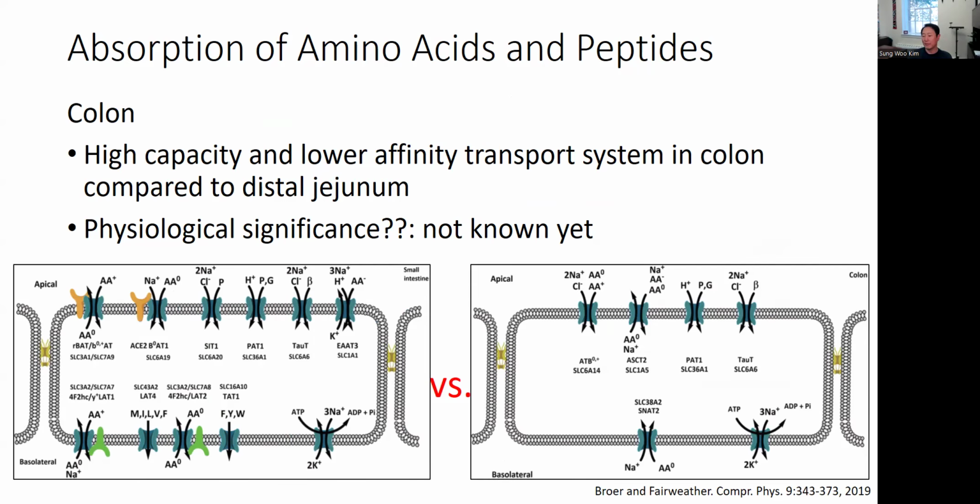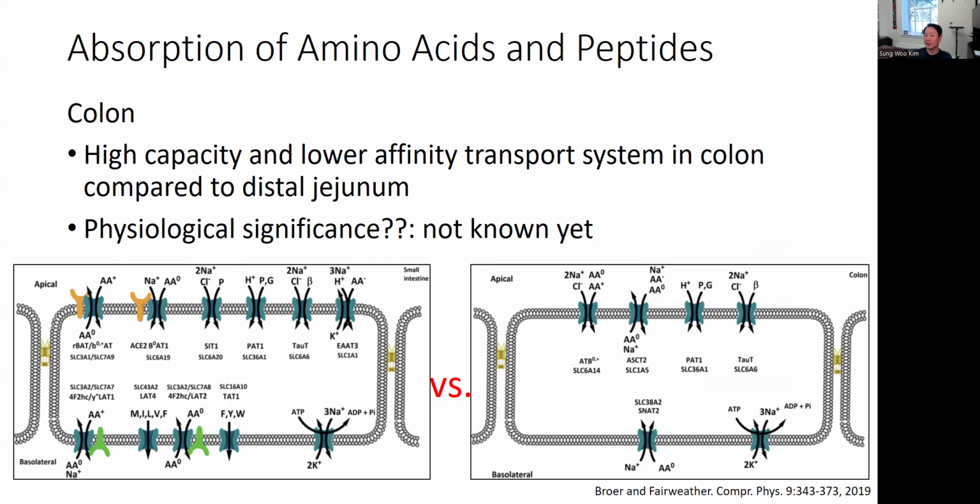If I read those papers, the message is that those amino acid transporters found in the colon epithelial cells have high capability.